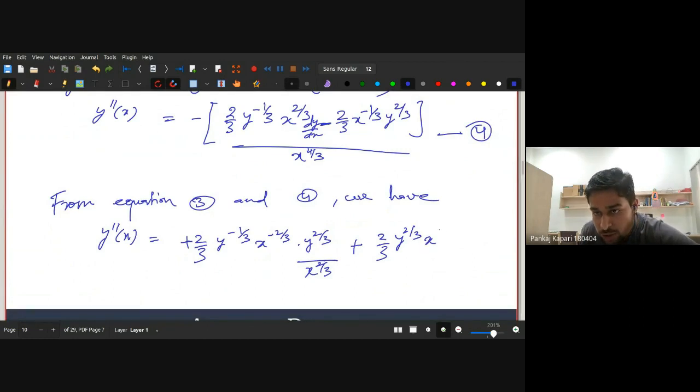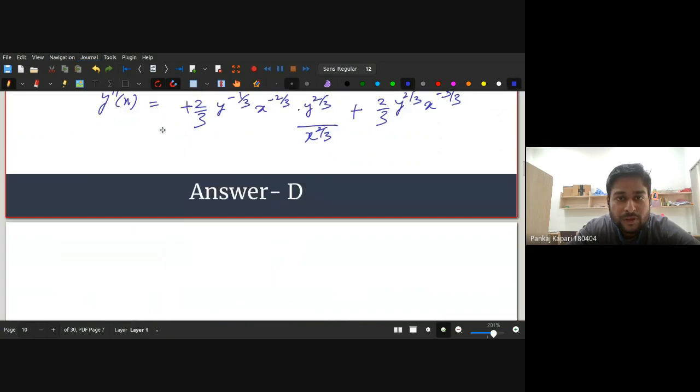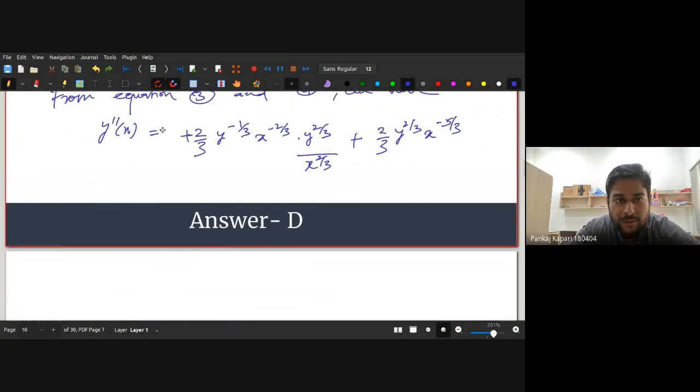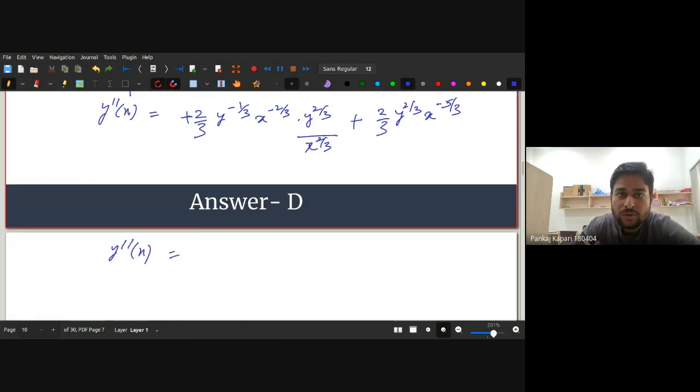So into x to the power minus 5/3. Okay, so if you again simplify it, then you will get y double prime x is equal to, okay, you can see that a lot of things can become common.